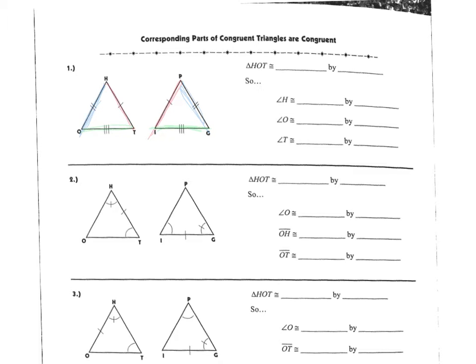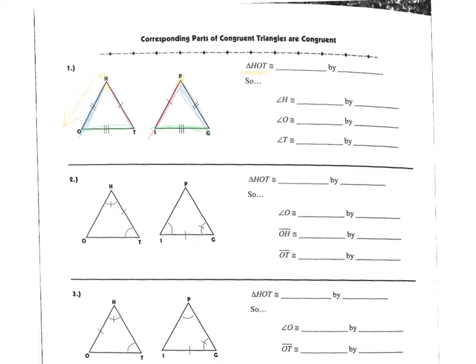And so if we look at how the first one was named, it started with H here and then went in this direction to O. And so what we have to be careful of is that we start in between the two sides that are appropriate. So that would be here.